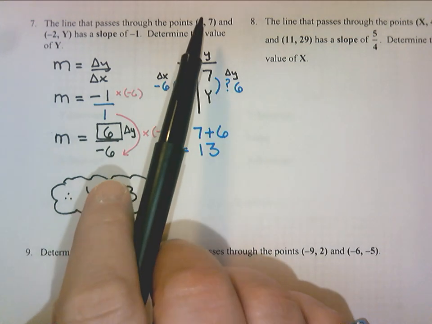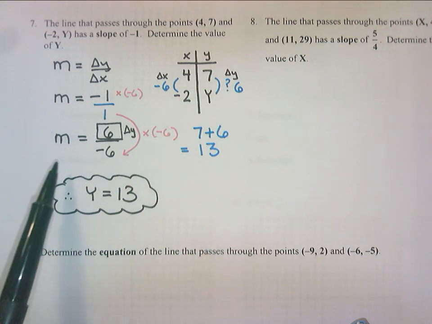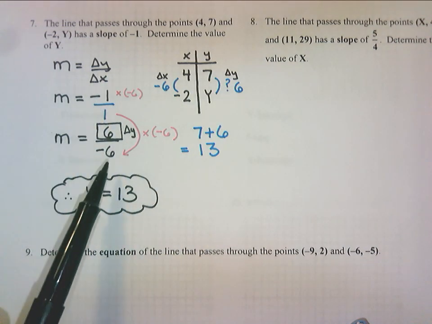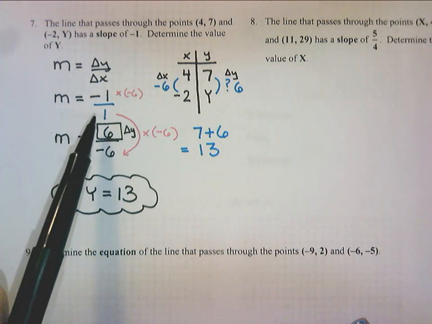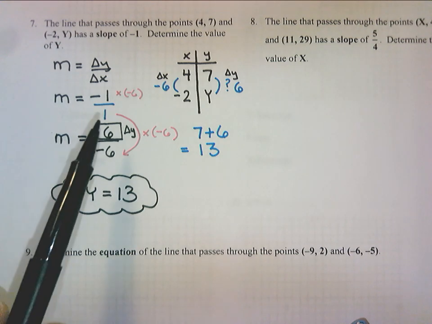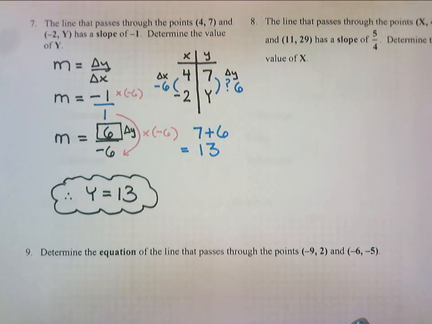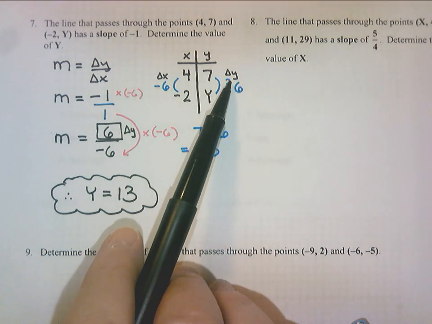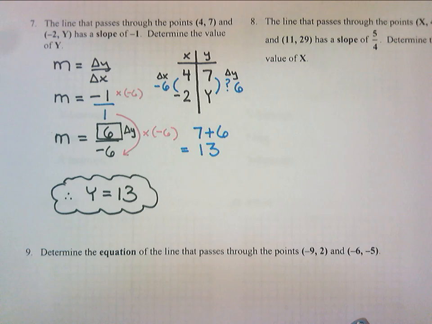Then I took the 2 points, created a table, found the differences, and filled those into my formula, delta y over delta x. Then I looked to see how it compared with the slope of -1, and we tried to make an equivalent fraction so that they would match, and that helped me find my numerator, which is my delta y. Once I knew what delta y was, I could just calculate what y was.